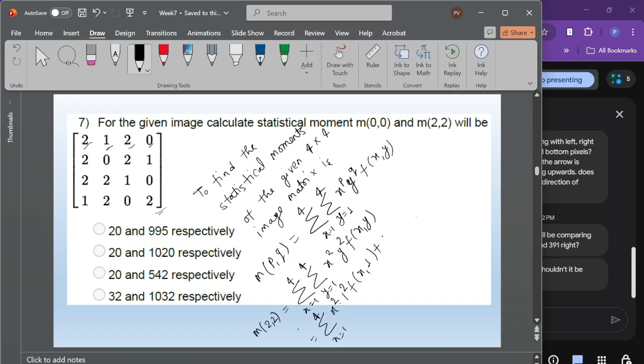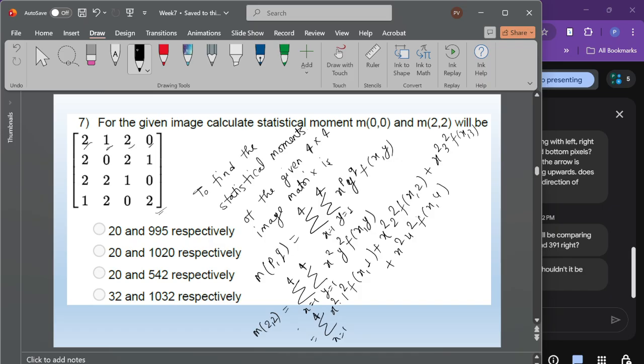Similarly for y is equal to 2, x square 2 square f(x,2) plus x square 3 square f(x,3) plus x square 4 square f(x,4), right? We have opened it for y.